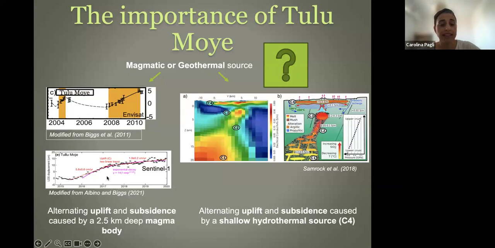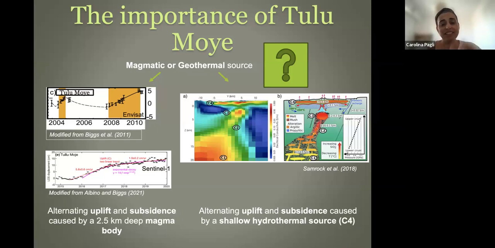And then there was another study that used the most recent measurements, 2015 to 2020, and did witness an episode of uplift, but they didn't model it. They just assumed it was likely caused by the hydrothermal source that the MT also images.